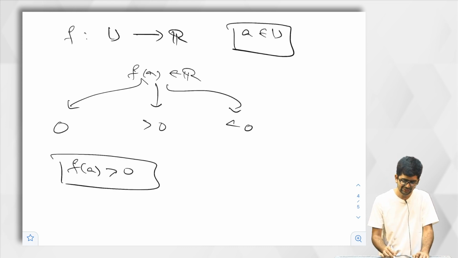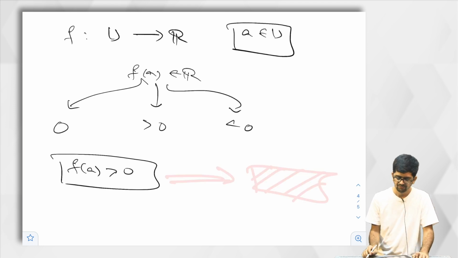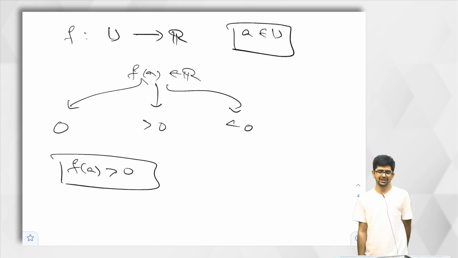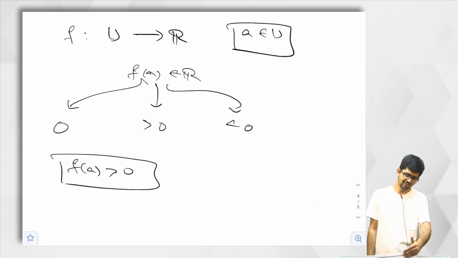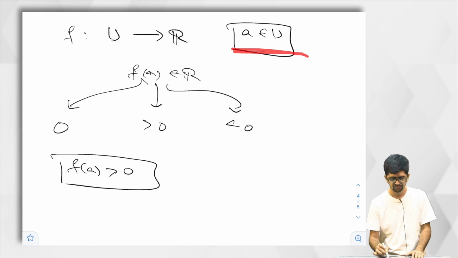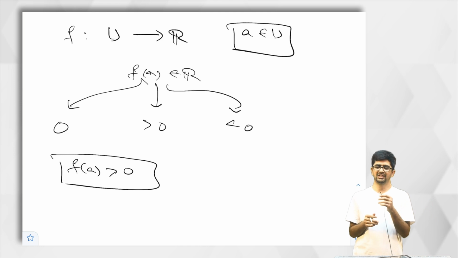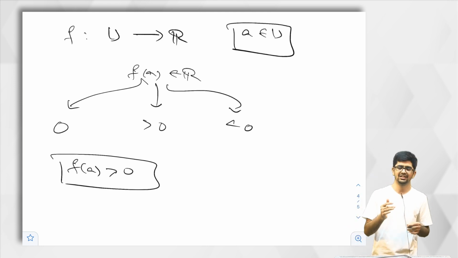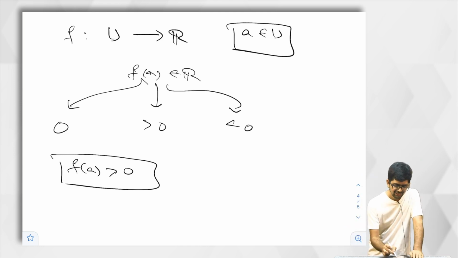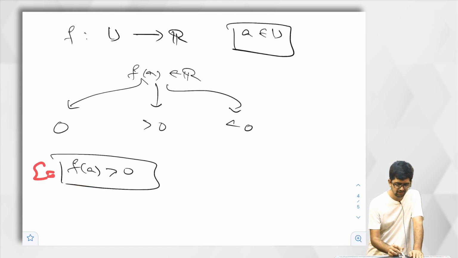Then we have to conclude something from here. That is what we are trying to see. So what do we do from here? Just now we have seen the epsilon-delta definition of continuity of a function f at an element a. It starts with: suppose somebody gives epsilon positive, there is a delta, and something happens. Here f of a is positive, so one can actually take epsilon to be f of a.